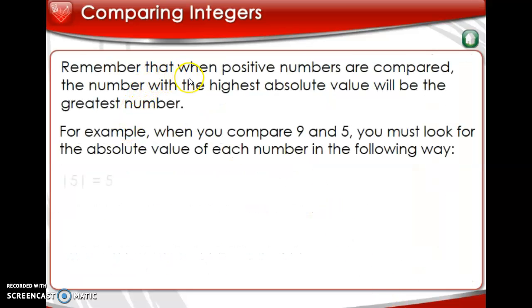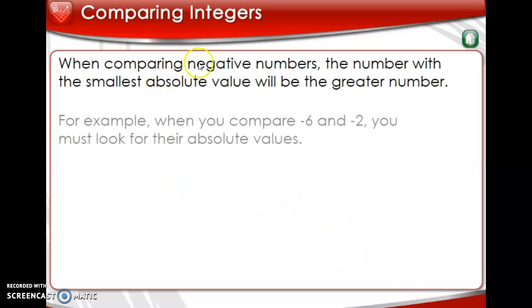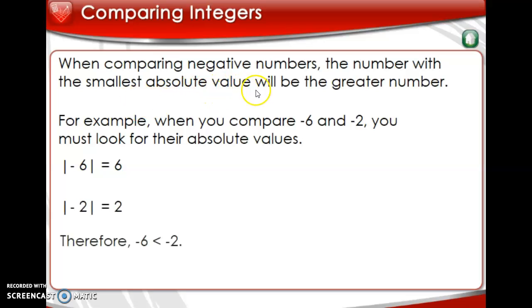Remember that when positive numbers are compared, the number with the highest value will be the greatest number. It's easy, no? But when comparing negative numbers, the number with the smallest absolute value will be the greater number. Okay?